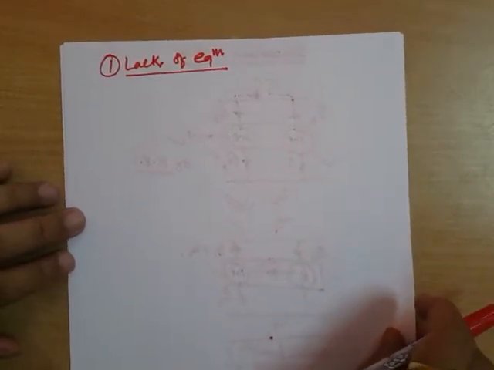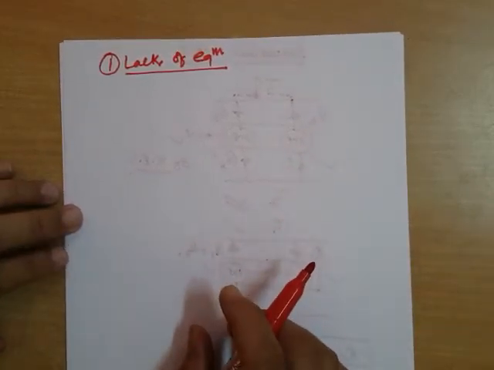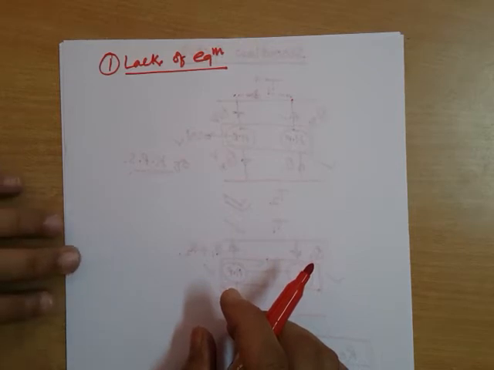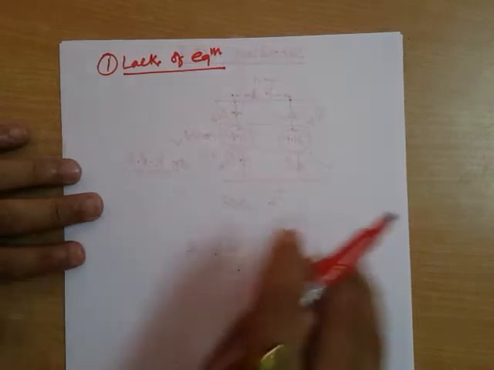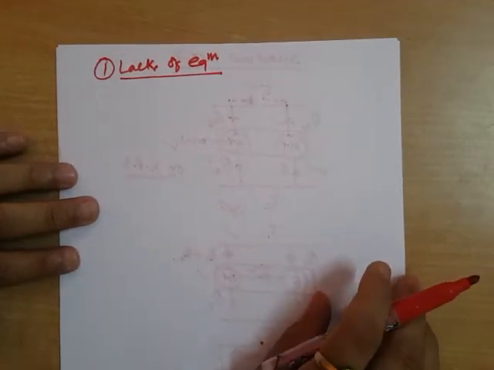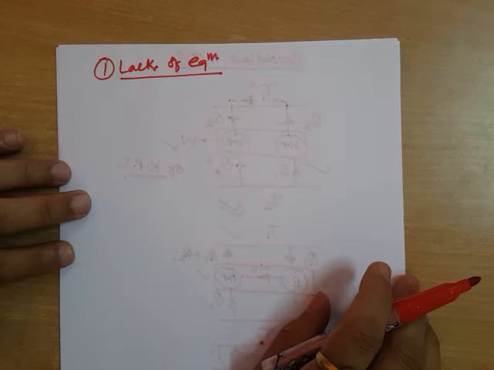The lack of equilibrium between the system and surrounding, and the lack of equilibrium within the system, and these are because of finite gradients. Finite gradients of what? Finite gradient of temperature, finite gradient of pressure. So let us first discuss the finite gradient of temperature. How is this finite gradient of temperature making a process irreversible?